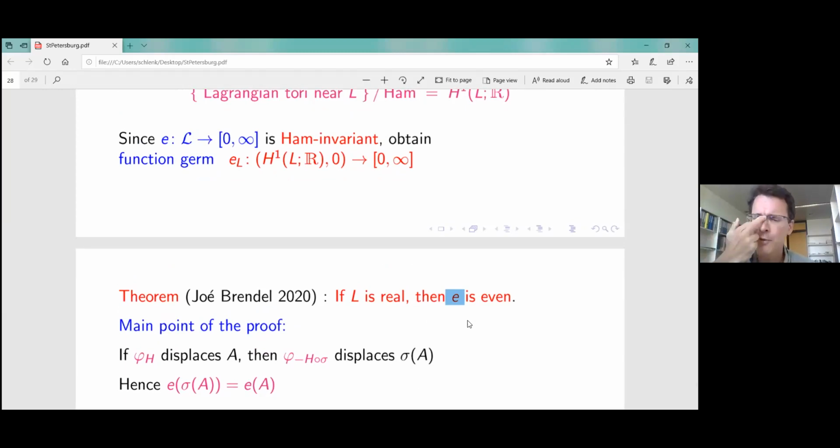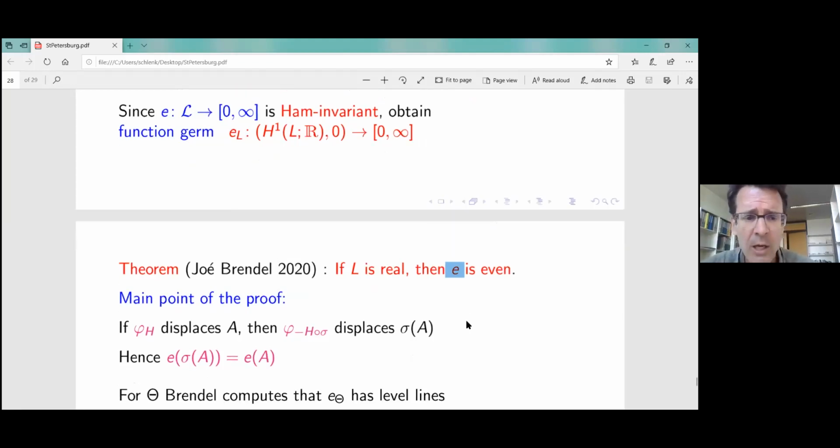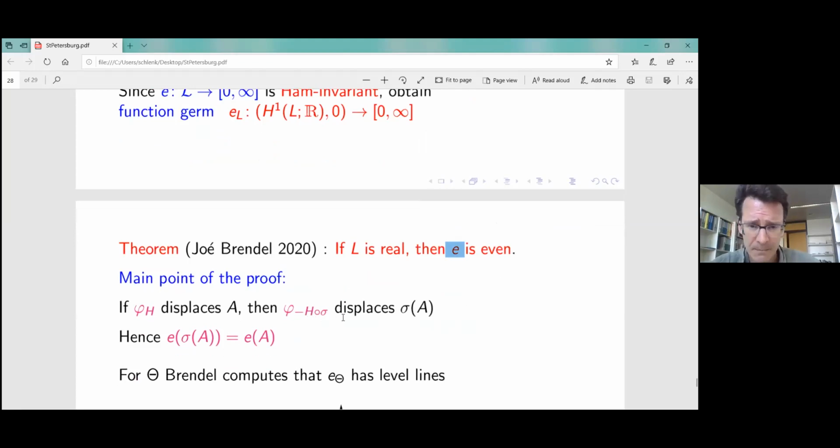And once you observe it, the proof is not very different. A bit of equivariant symplectic topology and the observation that if you can displace a set by a Hamiltonian, then, you see the problem is if you precompose H with sigma, E is a symplectic invariant, not an anti-symplectic invariant.